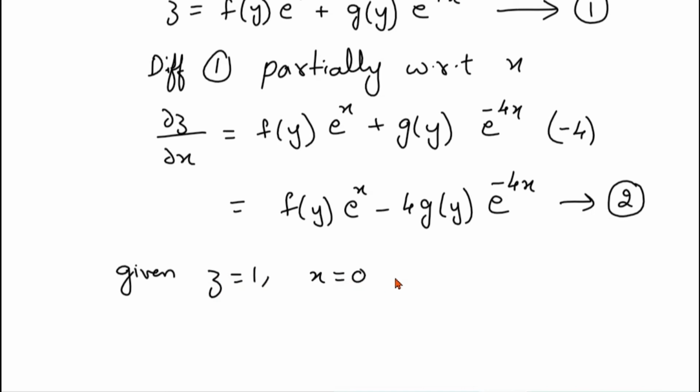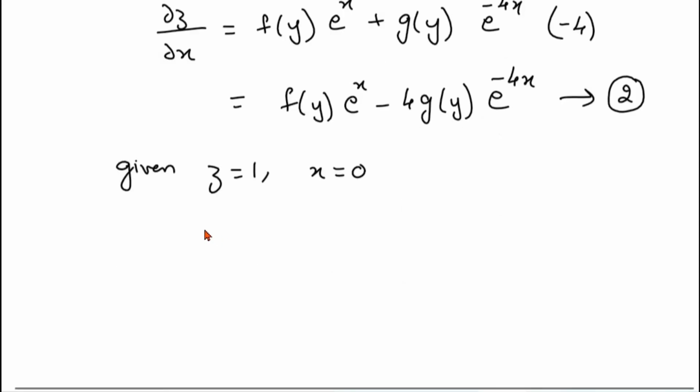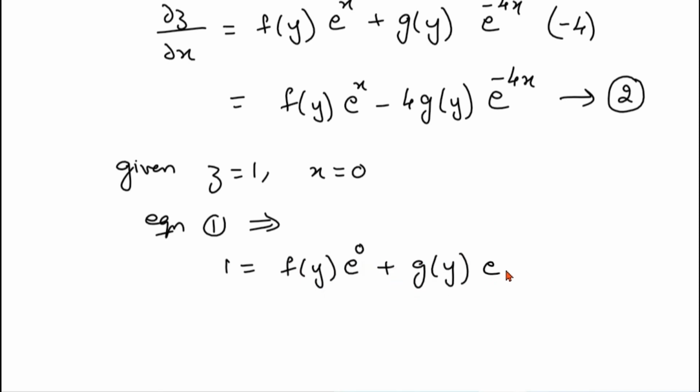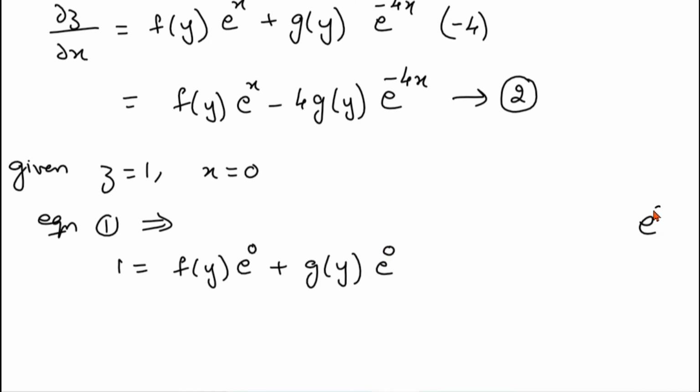So if you use this in equation number 1, equation 1 will imply 1 is equal to f(y) into e^0 plus g(y) into e^0. 0 times 4 will be 0, but we know the value of e^0 is nothing but 1.